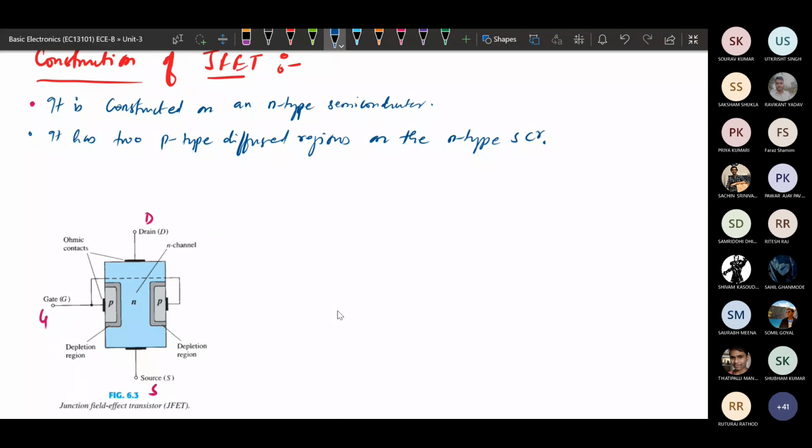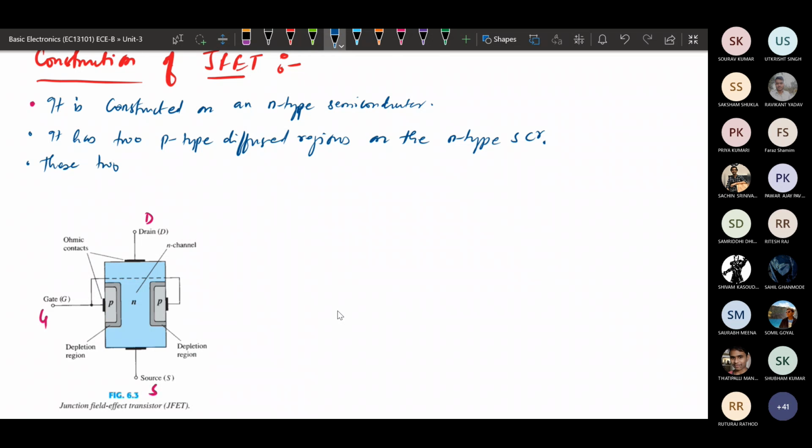These two different p-type regions are connected to each other.